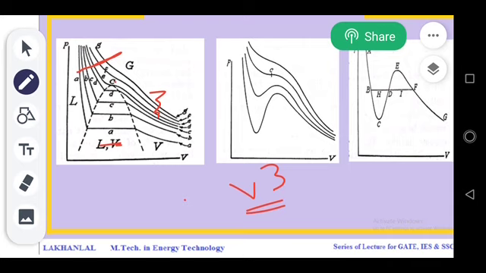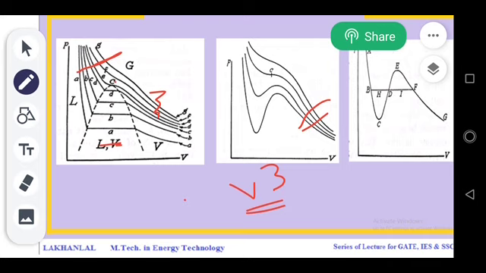So for a given constant temperature, we are going to have a relation for P and V. So we can draw a curve known as an isotherm. At different temperatures we are going to have different isotherms. So these are isotherms based on the van der Waals equation of state.